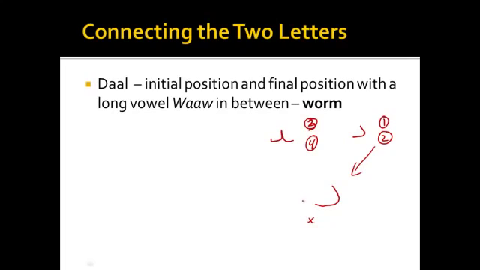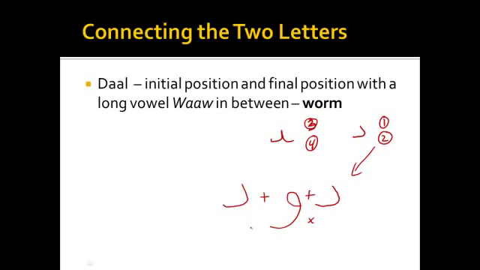So when we write the waw, you hear the dood, ooh sound. That's a long waw sound. So we're going to have the long vowel waw. I'm going to write the waw. And then we're going to write our final daal, because you hear the dood. The last is a daal sound. And then we have our daal again.